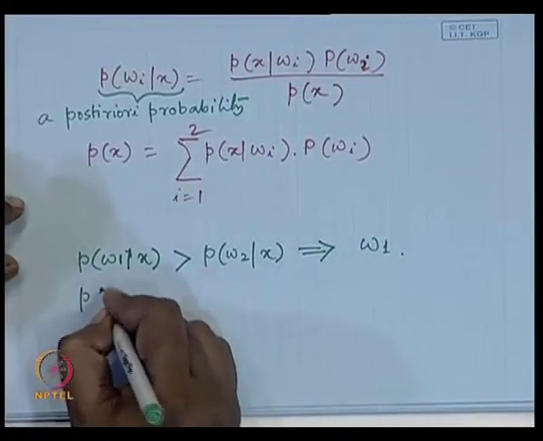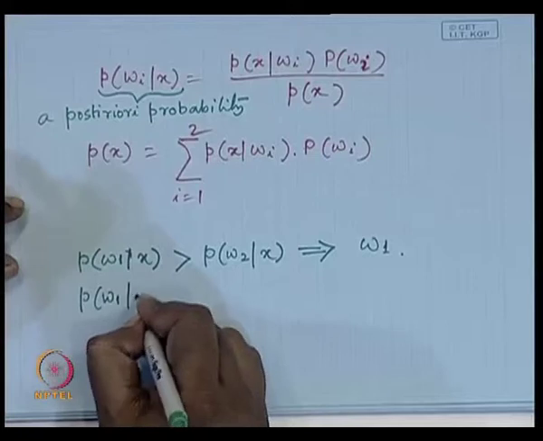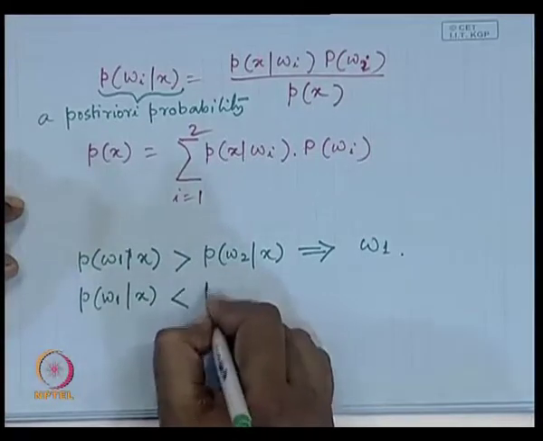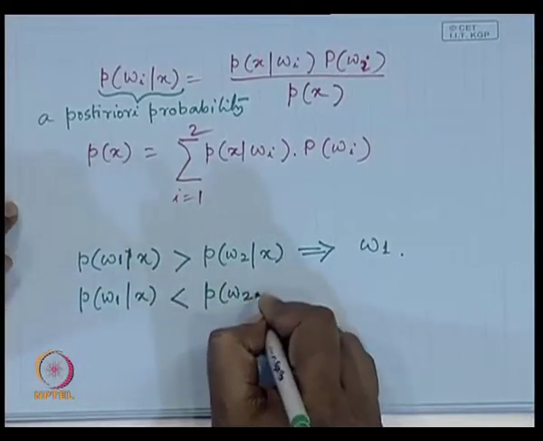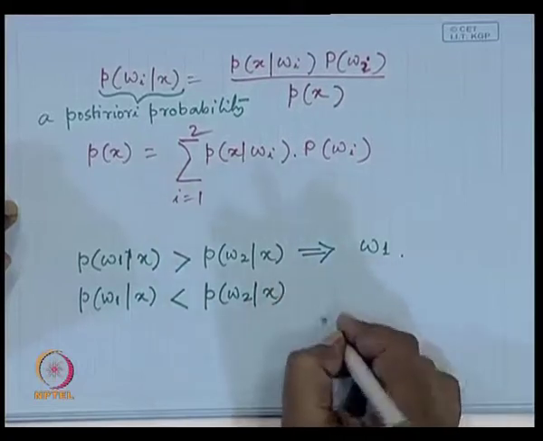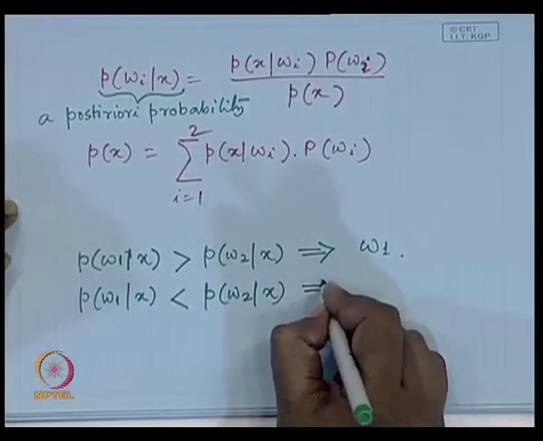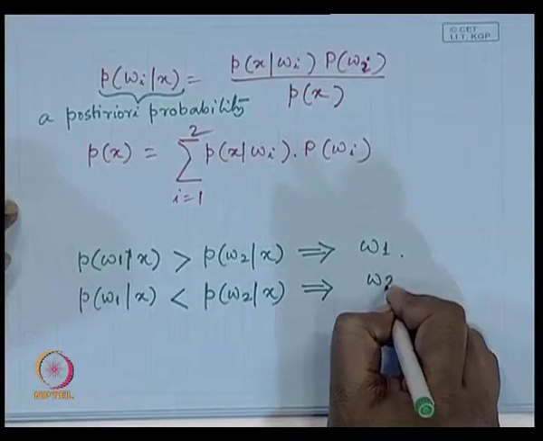Or if P of omega 1 given x is less than P of omega 2 given x, then you decide in favor of class omega 2.